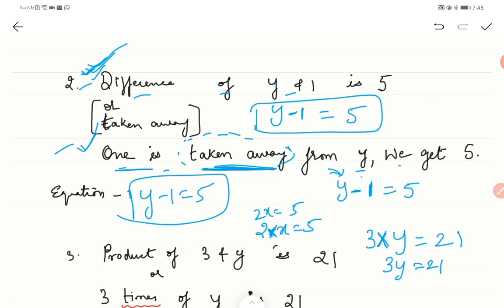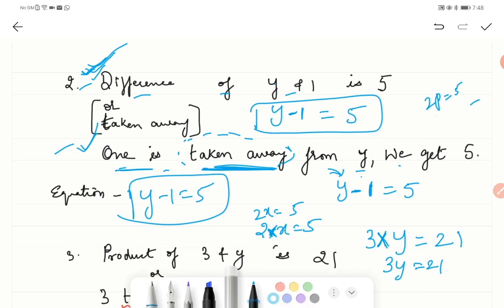So I can take this as 2p is equal to 5. That means 2 cross p is equal to 5. I hope you will not get confused. So in equations, you will use it that way always. If it is not showing any into sign, that means it's a product.